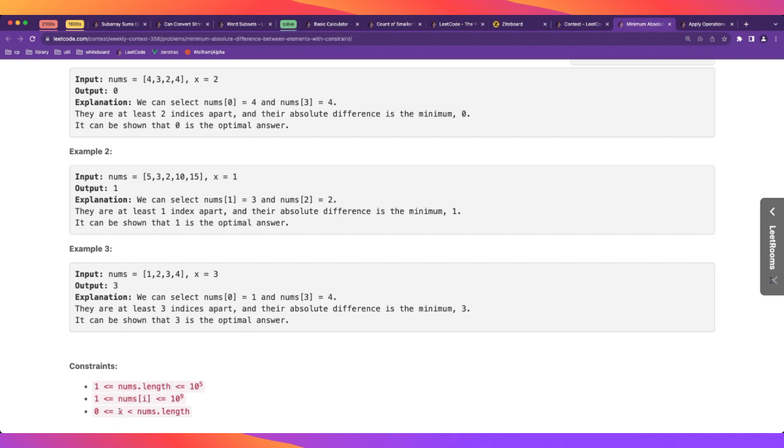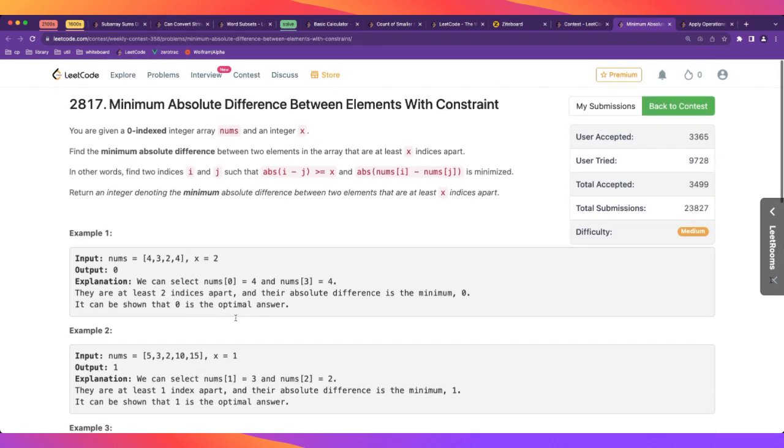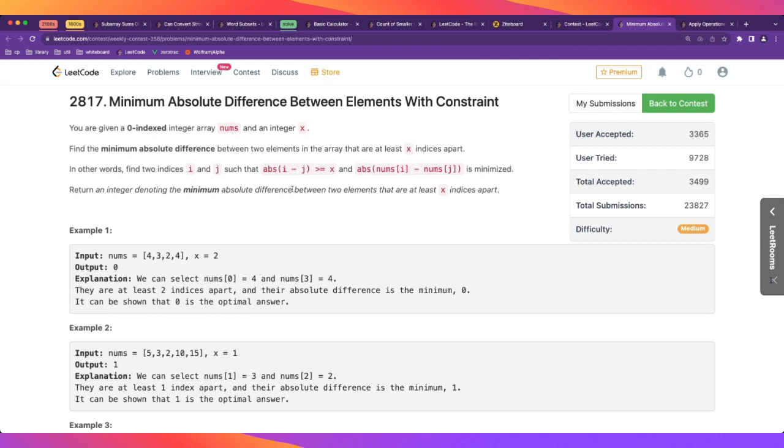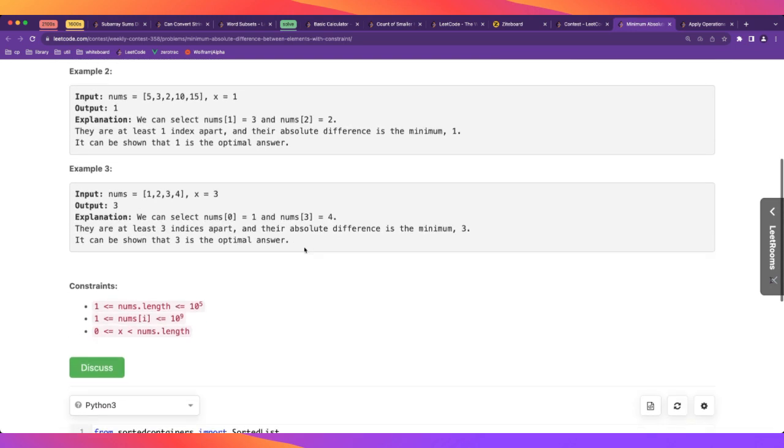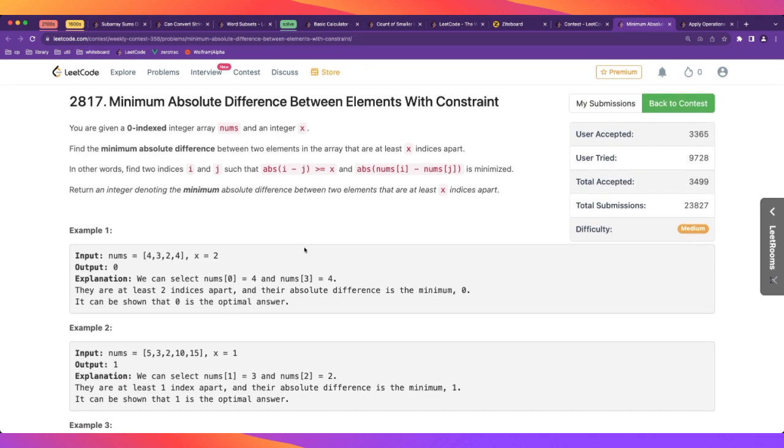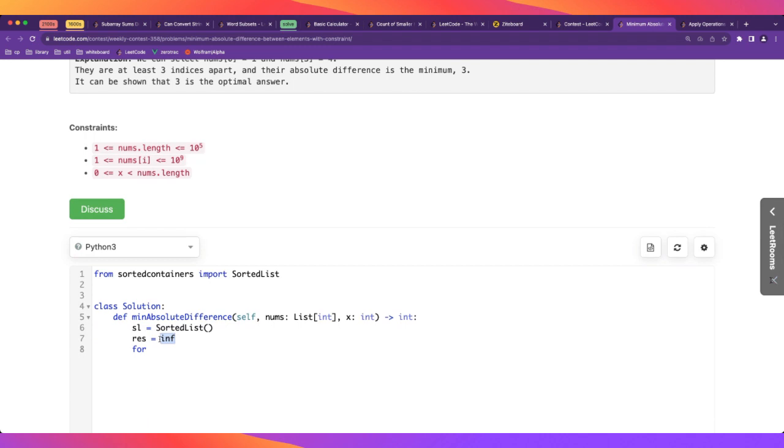Yes, because, for example, if the number of elements is 1, then x has to be 0, and in that case the pair could be the same element when x is 0. So that means that there's always going to be an answer, so we don't have to worry about returning infinity.